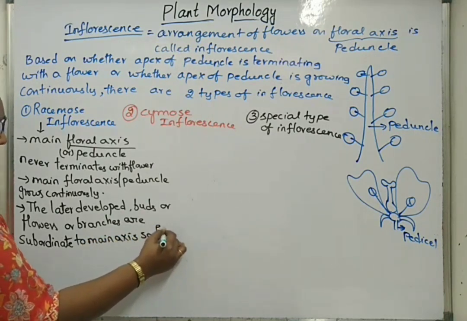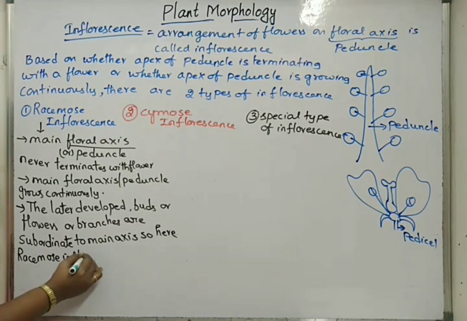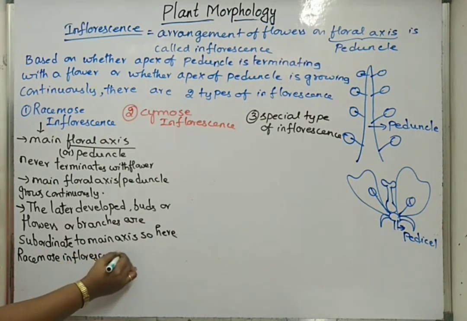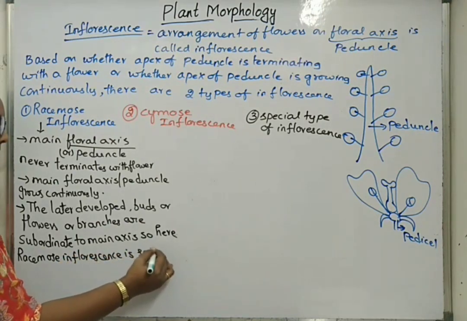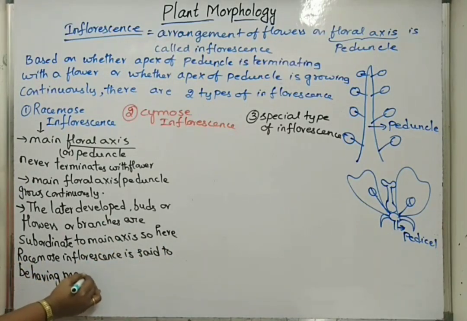So, here in case of racemose inflorescence, it is said to be having monopodial branching.